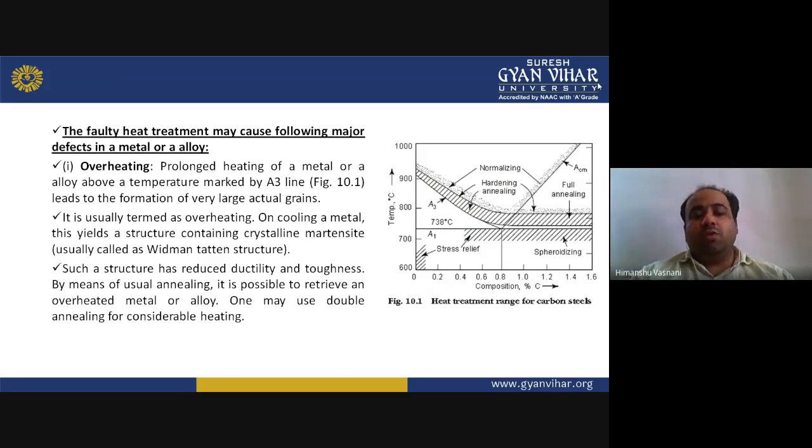The first is overheating: prolonged heating of a metal or alloy above the temperature marked by the A3 line. Now, this A3 line we have seen before in our previous lectures on annealing and normalizing. So they say that prolonged heating of a metal or an alloy above the temperature marked by the A3 line leads to the formation of very large actual grains.